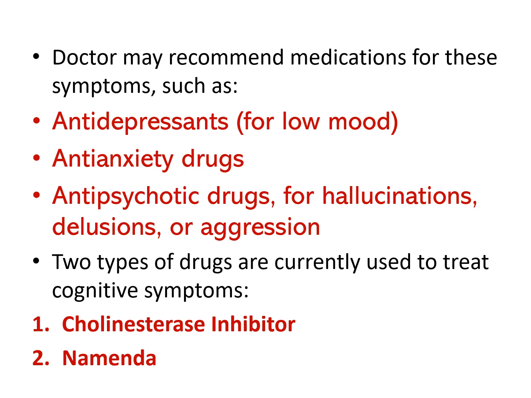Number one is cholinesterase inhibitors, and number two is Namenda. These two drugs are currently being used for the treatment of cognitive symptoms of Alzheimer's disease. So, this was all about Alzheimer's disease symptoms, signs, and the treatment.